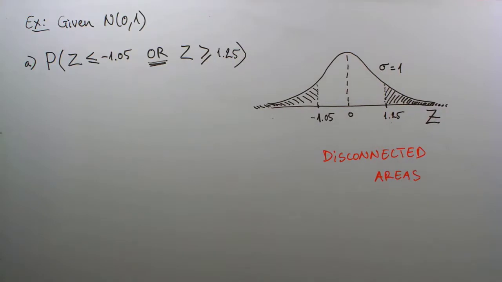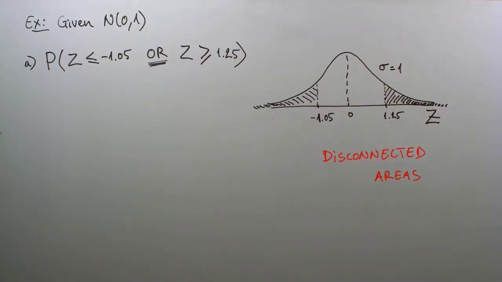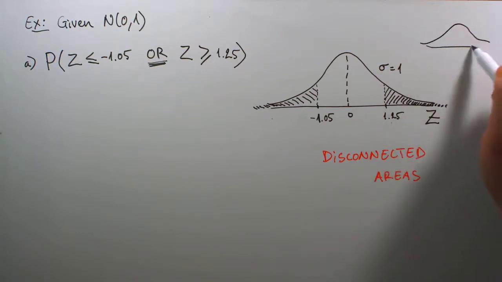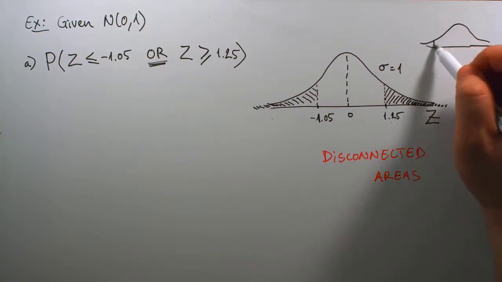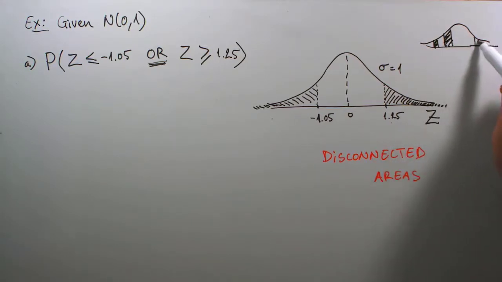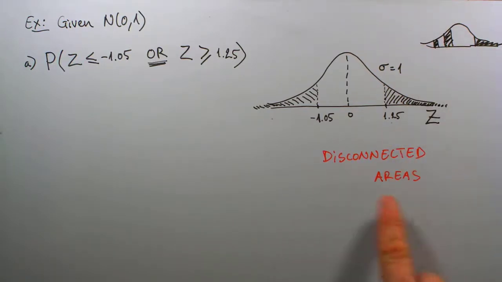So we have two pieces of area, a piece here, a piece there. Sometimes this kind of problem can bring us a bell curve where we have multiple disconnected areas. It could be a piece here, a little piece there, and a piece to the right tail. These are all classified as the disconnected areas kind of problem.